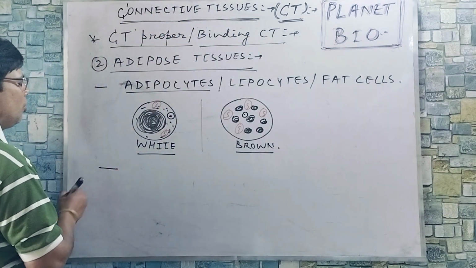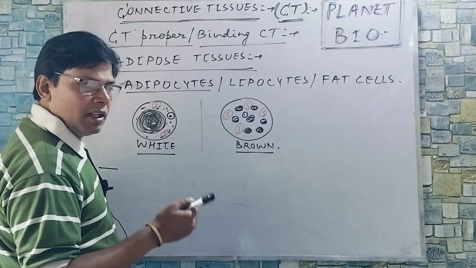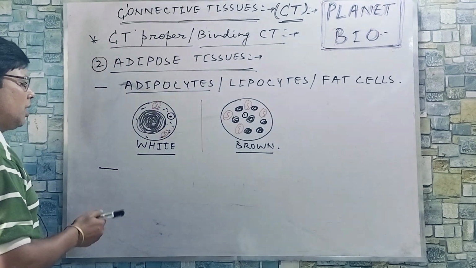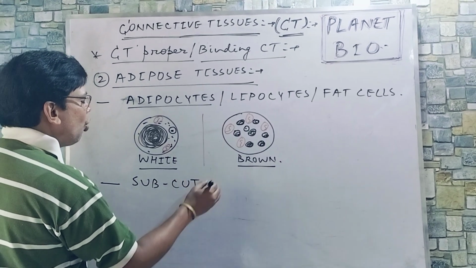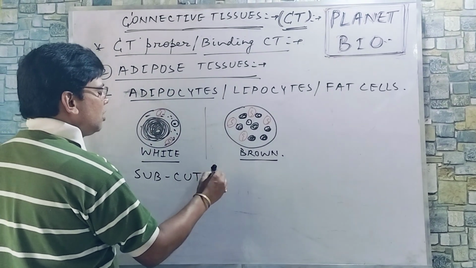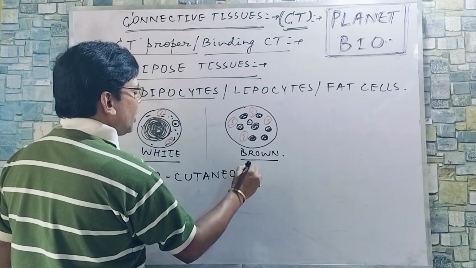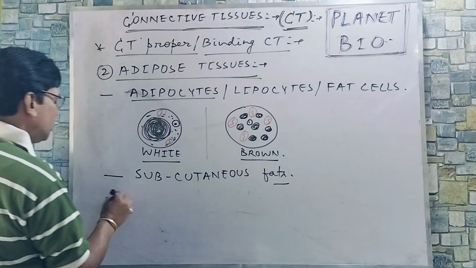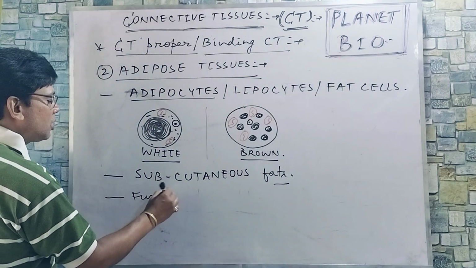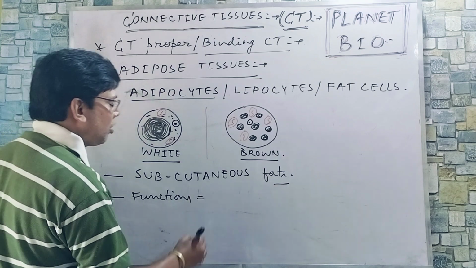So you can find it just beneath the skin. So subcutaneous occurrence is very common. Subcutaneous occurrence means beneath or below or under the skin. Then what are the functions of subcutaneous fats in our body?